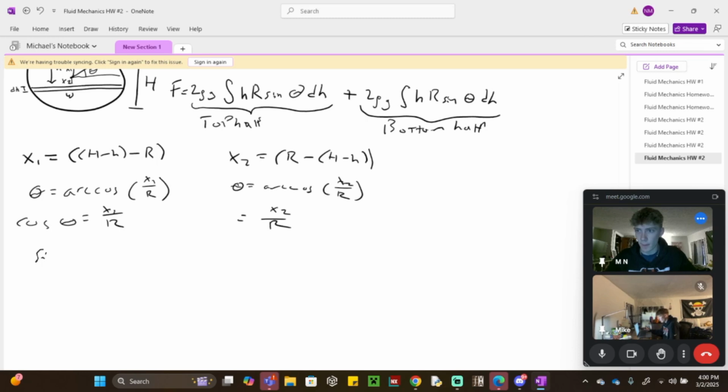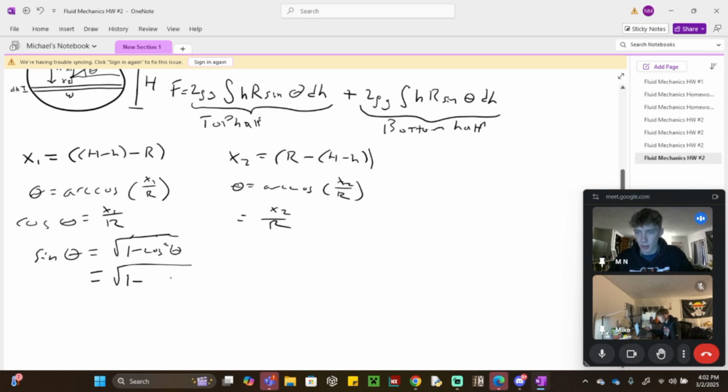So sine of theta, we know, is equal to the square root of 1 minus cosine squared of theta. So now we get sine of theta, and sine of theta we can simplify here.